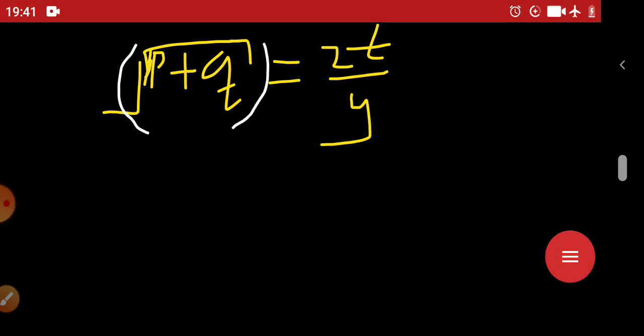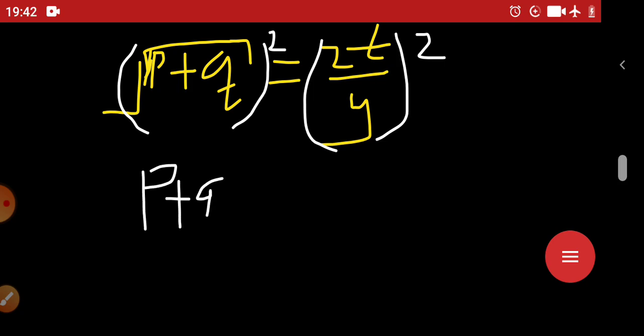By squaring, I mean I make this to the power 2. I need to do this on both sides, so I also make this part to the power of 2. If I take the power of 2 of a square root, I'm left with what is inside, which is p plus q.